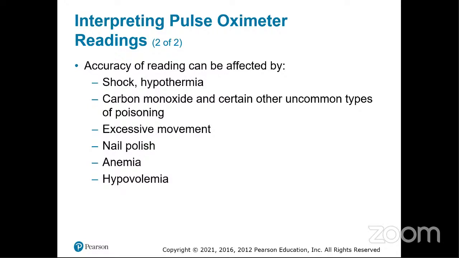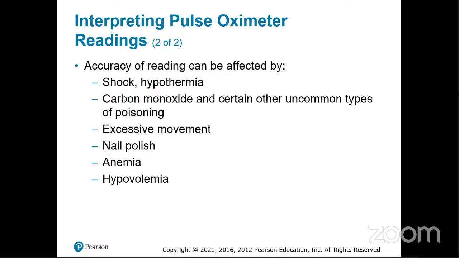Some things can affect the accuracy of the reading though: shock and hyperthermia. What happens to all the blood in shock? Do you guys remember? Where does it get shunted to? Basically anywhere but the fingers and toes. It comes back to the core, so it's going to stay in your stomach, your chest, and your brain.